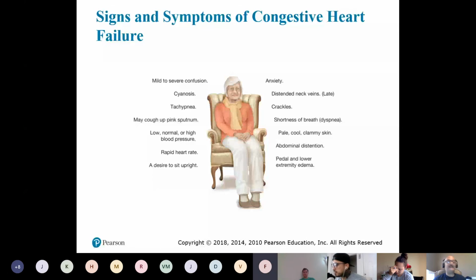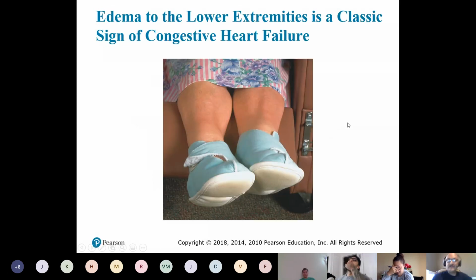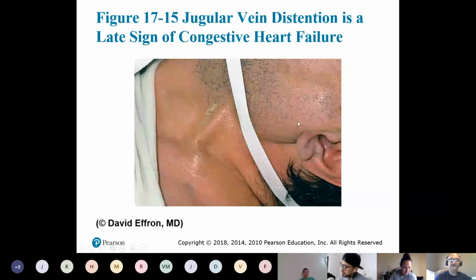Exactly. Cankles. JVD. You see that jugular vein bulging out?